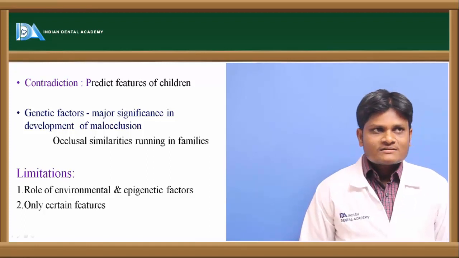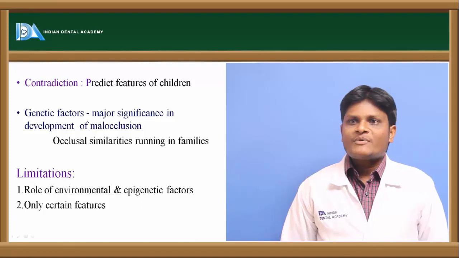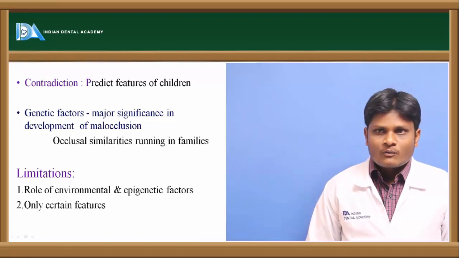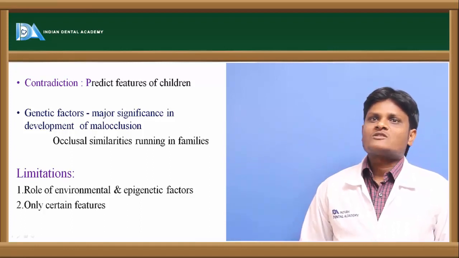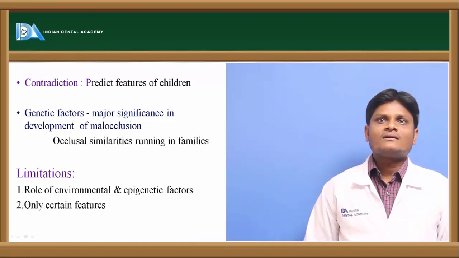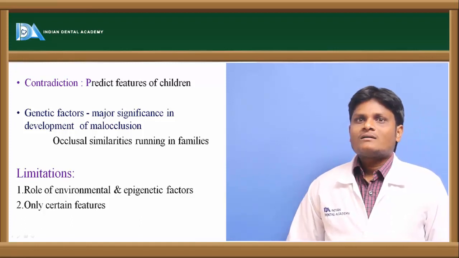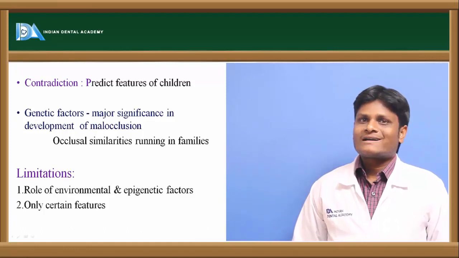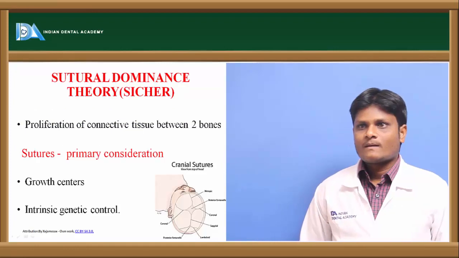Apart from genetics, there are also environmental factors and epigenetic factors that control growth. So we can't take genetics as the whole and sole aspect behind the growth of an individual, and it is not accepted wholly. This is a contradicting point of the genetic theory of growth and development.